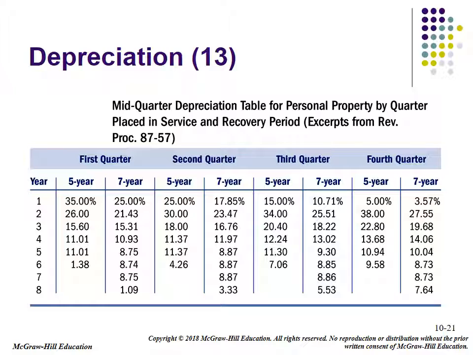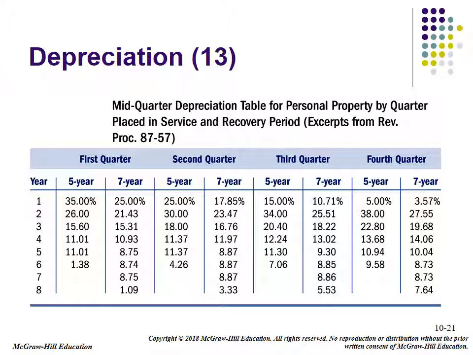Now we got to figure out what table to use. So we ask ourselves, are any of these assets we bought this year, and assume these are the only 2 assets purchased, personal assets, are any of them bought in the fourth quarter? And the answer is no. So 0% of our personal assets are purchased in the fourth quarter.